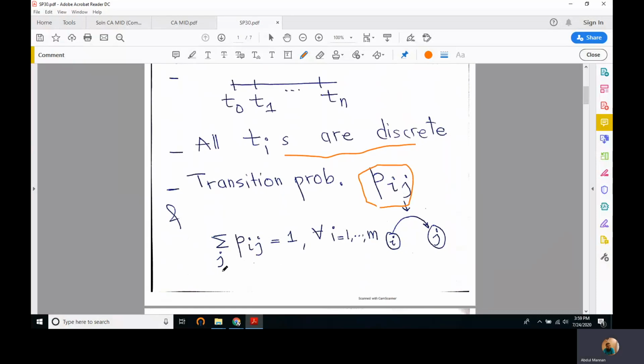And we also studied that if we sum p_ij over all possible values of j, it comes out to be 1. This means that the sum of all outgoing arrows from any state i is 1, for all i from 1 to m, where m is the total number of states in the state space of a Markov chain.